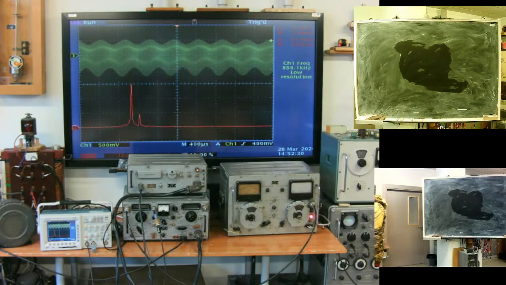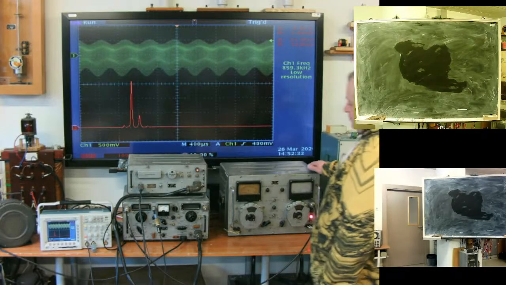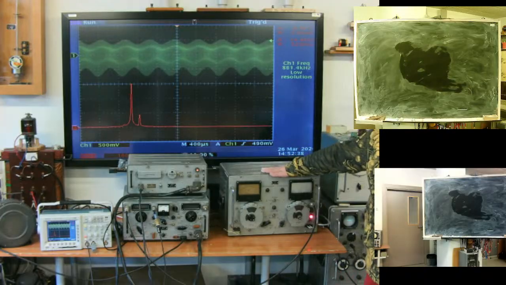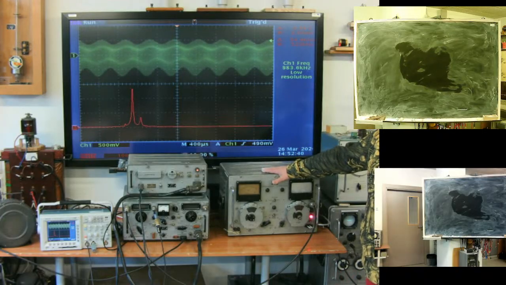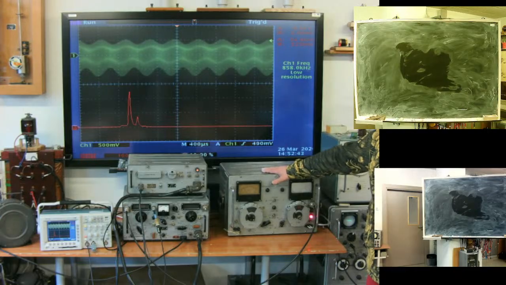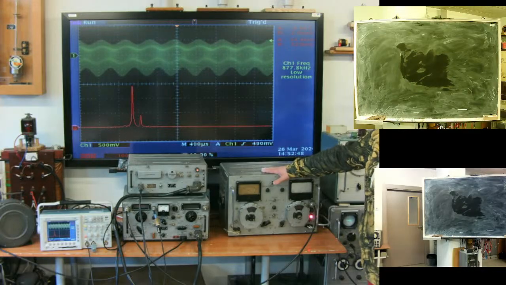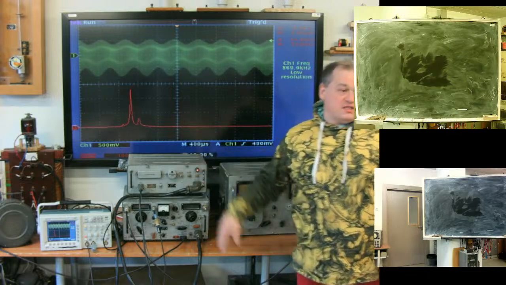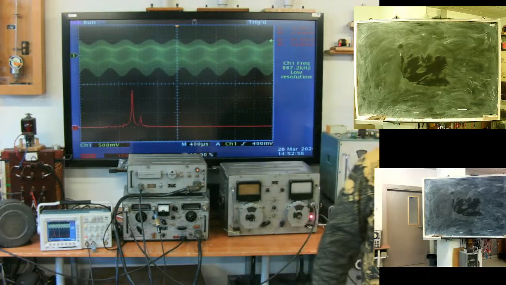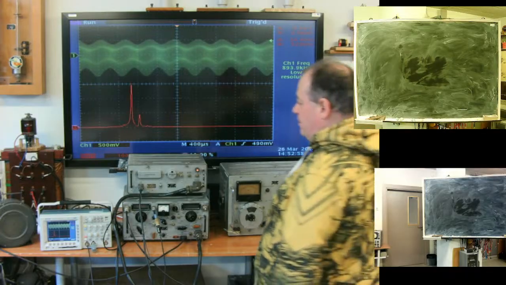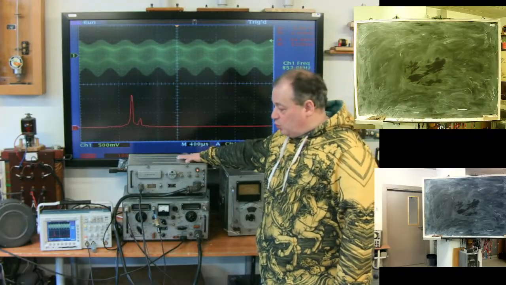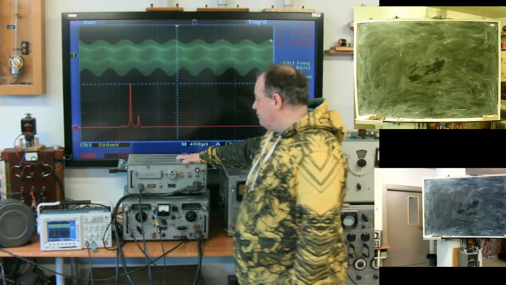I have a problem with such a high frequency because my scope isn't capable of operating correctly with such frequencies. So I use this receiver to transfer the signal from 32 megahertz to 4 megahertz, and from the receiver's intermediate frequency I took the signal to my scope.